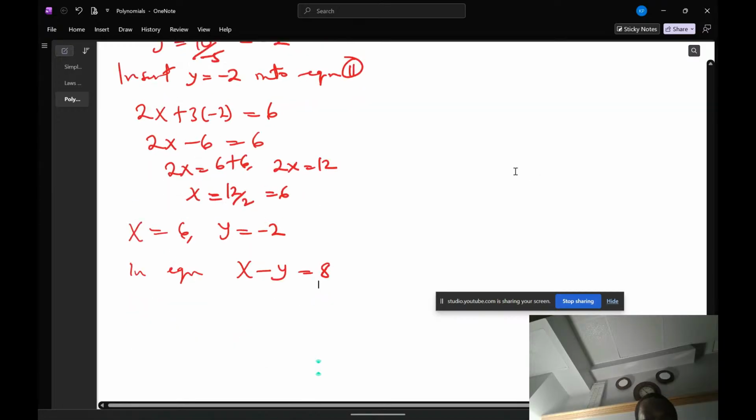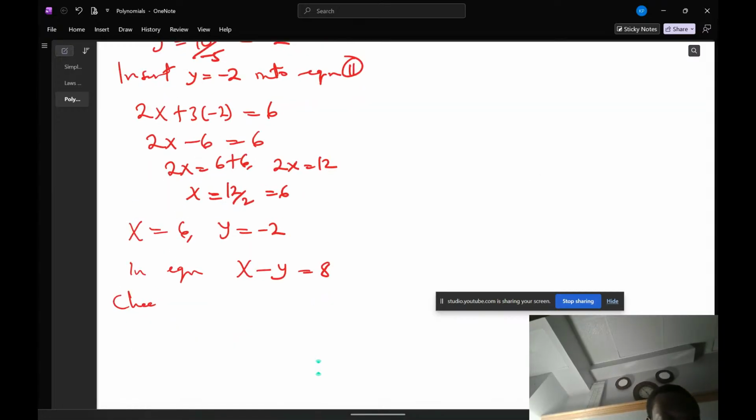So let's check if we did the right thing. x is 6, y is equal to minus 2. We want to make sure that we get 8. So x is 6 minus minus 2, so that will be 6 plus 2. That's equal to 8. So we can say that we got it right.